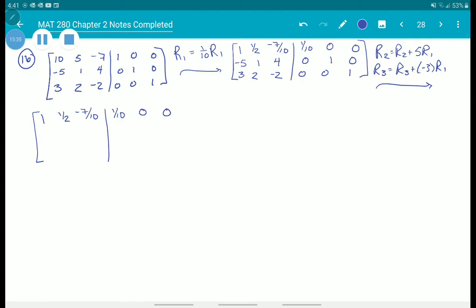Row 2, so negative 5 plus 5 is 0. 1 plus 5 over 2 is 7 over 2. 4 minus 35 over 10 is 1/2. 0 plus 5 over 10 is 1/2. 1 plus 0, 0 plus 0.